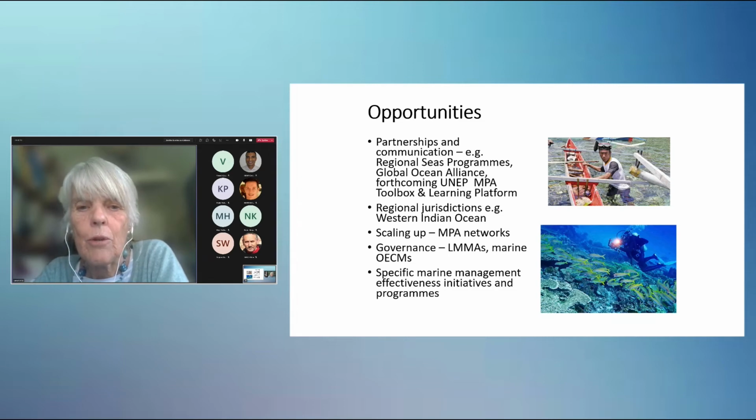An MPA on its own in the marine environment, with currents and larvae and such a dynamic system, very rarely works on its own. The issue of connectivity is vitally important, and the whole approach of networks has been well developed now in the marine setting. And this gives a big opportunity.